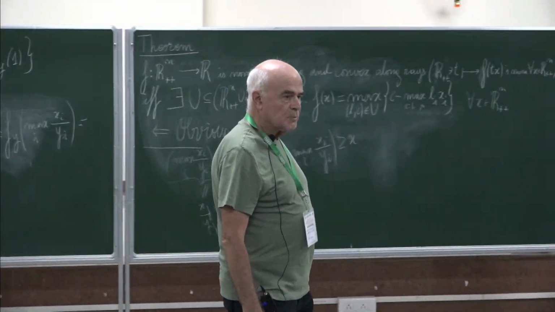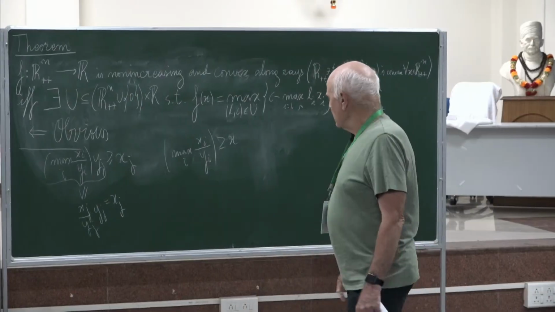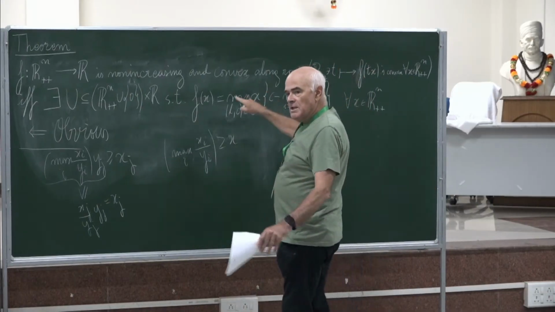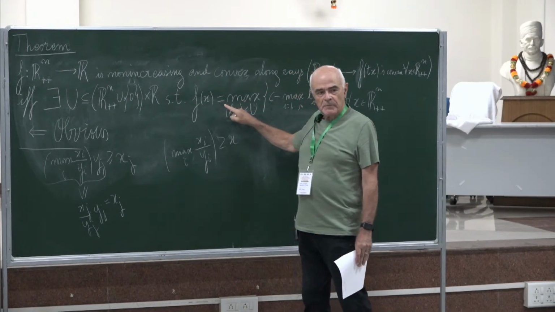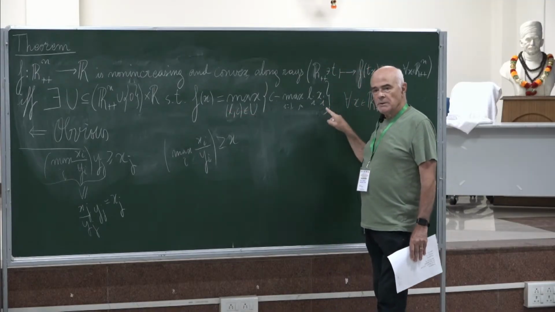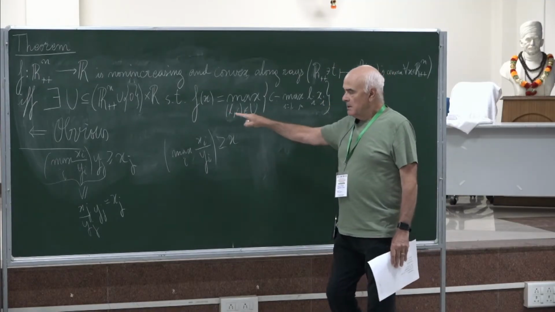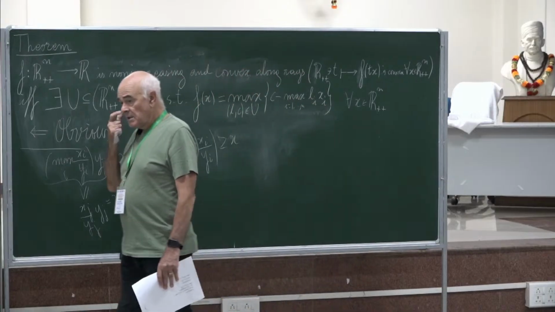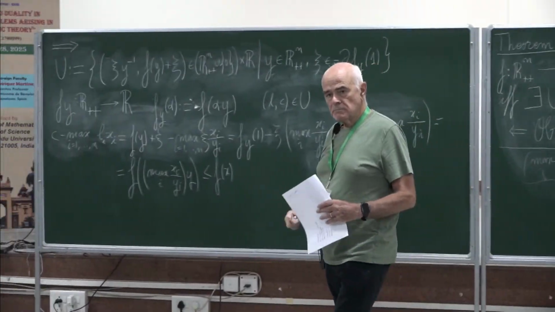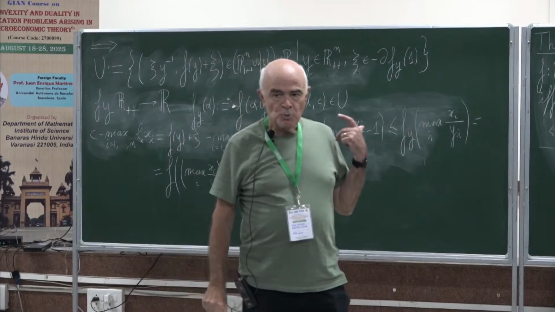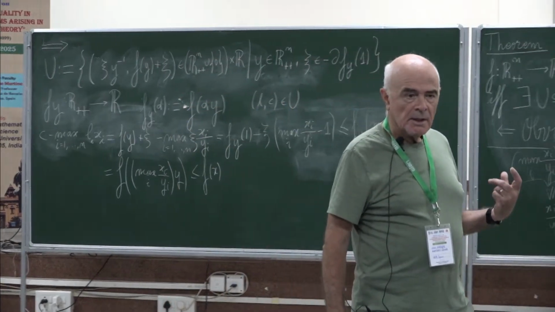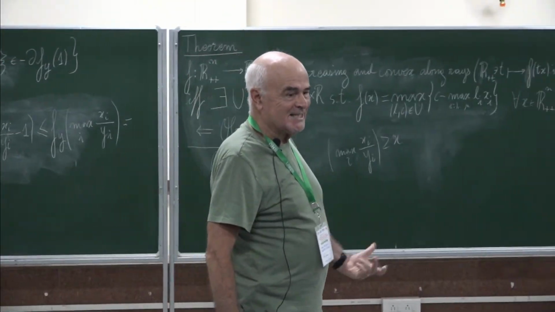So what have I proved so far? That the supremum, I still don't know if it is a maximum, in this right-hand side is less than or equal to the left-hand side, f of x. But I want to prove equality, and I want to prove that the maximum is attained.